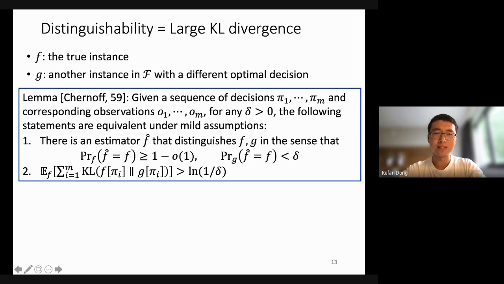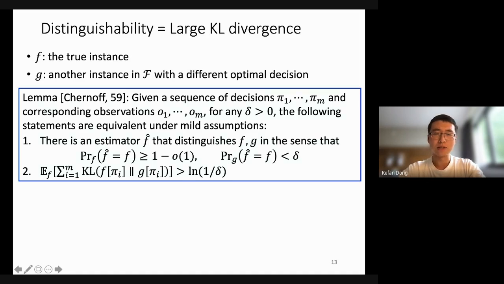The first statement says that there is an estimator that distinguishes F and G in the sense that when the corresponding observations are drawn from the distribution induced by F, this estimator will output F with high probability. So the probability goes to 1, like 1 minus small o of 1.